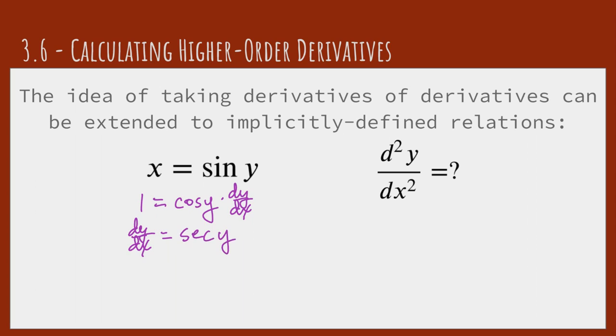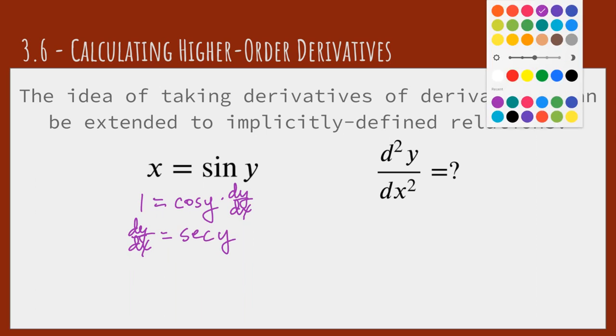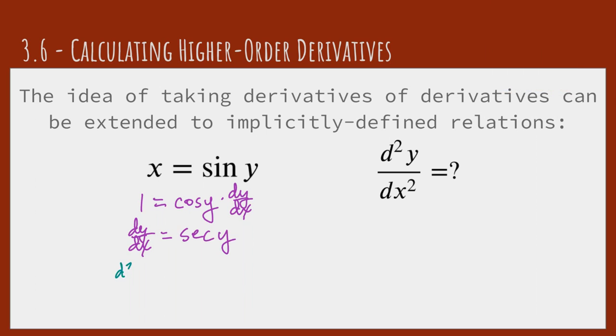And so if I want a second derivative, I'm just going to take the derivative again. So the idea is I take the derivative on both sides with respect to x. So on the left side, I get this. So the second derivative of y with respect to x. On the right side, I'm going to use the chain rule again, using implicit differentiation.